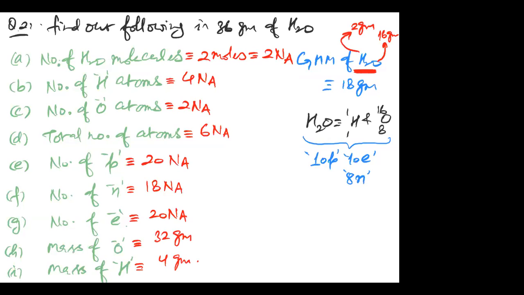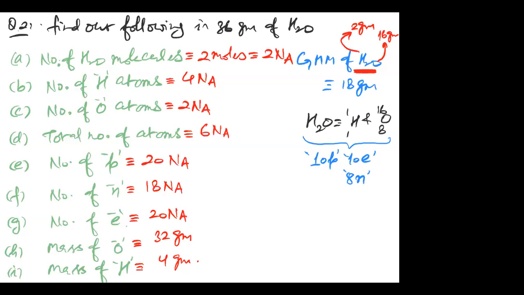So I'm repeating again. As per the water molecule, its gram molecular mass comes out to be 18 gram per mole. It means for 1 mole of water, the mass is found to be 18 gram. There are 10 protons, 10 electrons, and 8 neutrons per water molecule.